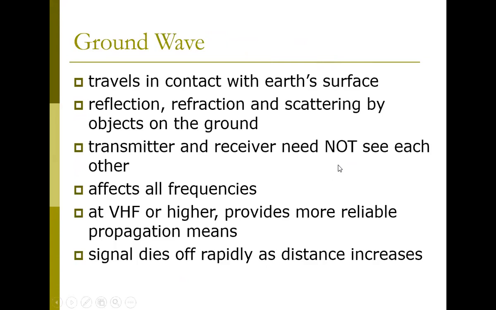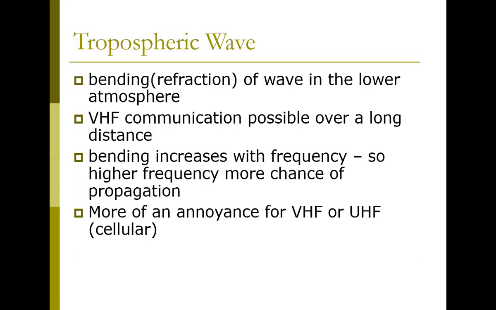Transmitter and receiver are normally within a range of each other. On our frequency, the most important thing is that if the distance is increased, the signal will fade away. By faded away, I mean it will not reach the receiver end. Next are tropospheric waves.